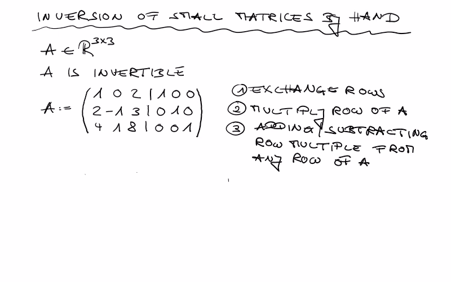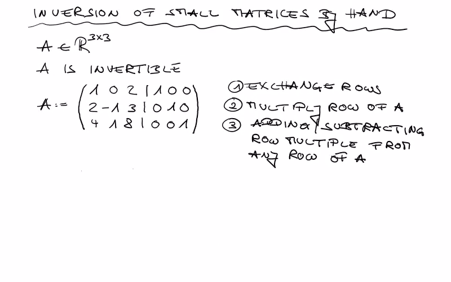Okay, so these are the rules of the game. As I said, we can apply these different rules to the matrix that we want to invert, this one. We have to at the same time apply them to this. And our aim is to convert, using these rules, the matrix that we want to invert into the identity matrix.